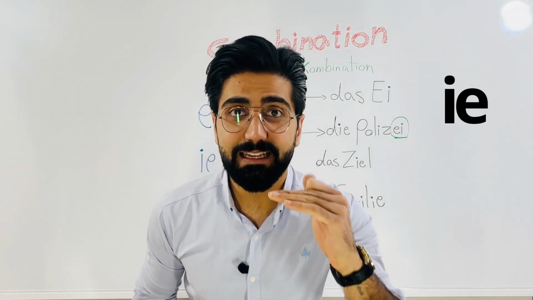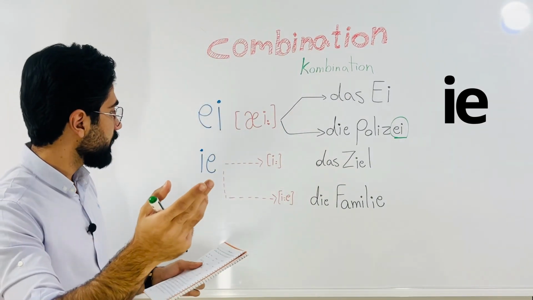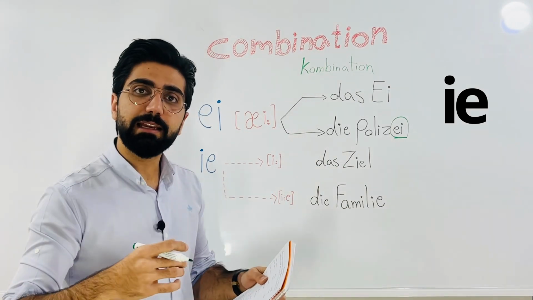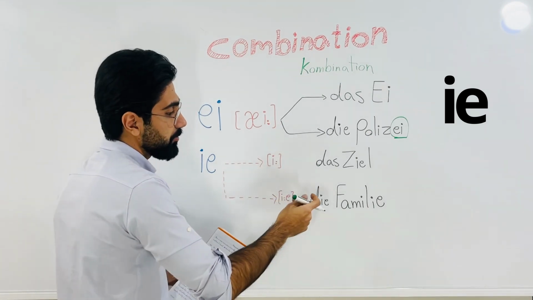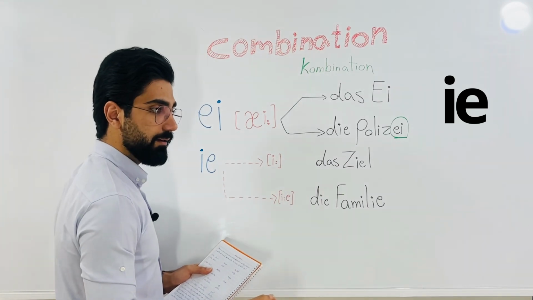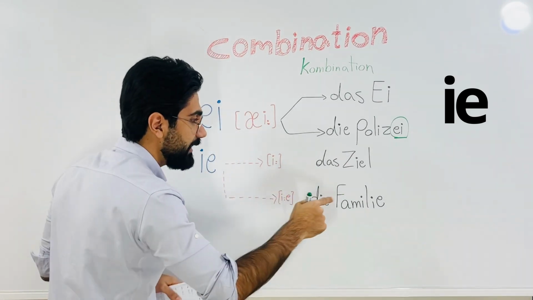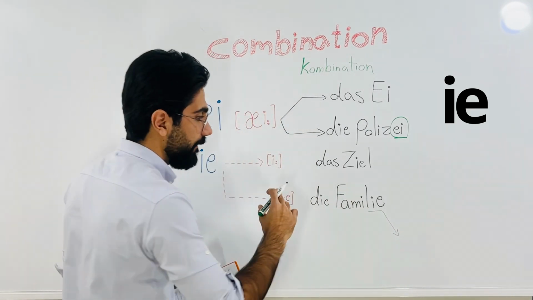That means a goal. And here we can pronounce it in a different way, like die Familie. It sounds like ie. Die Familie.